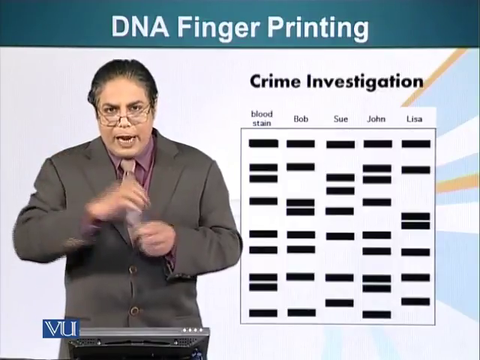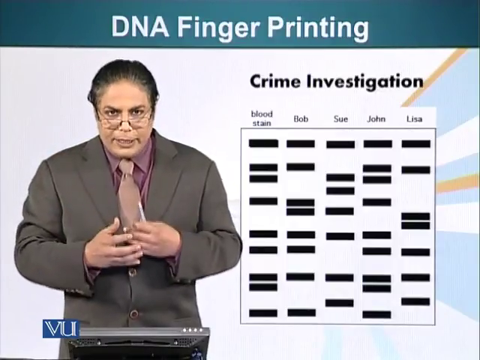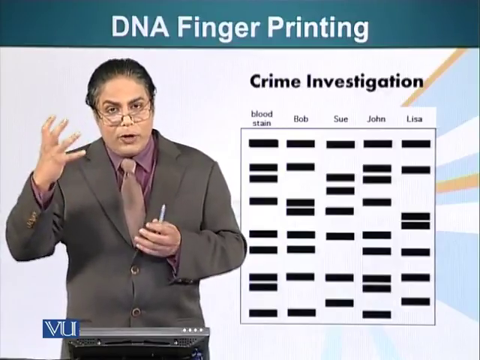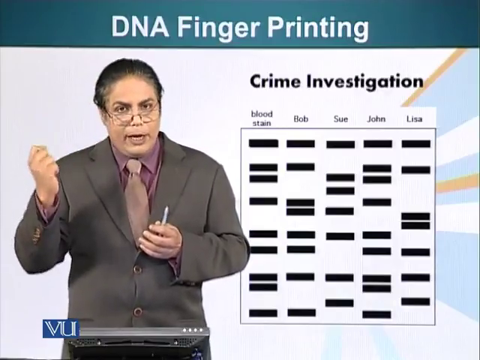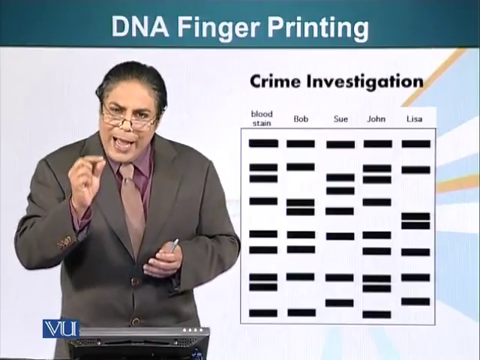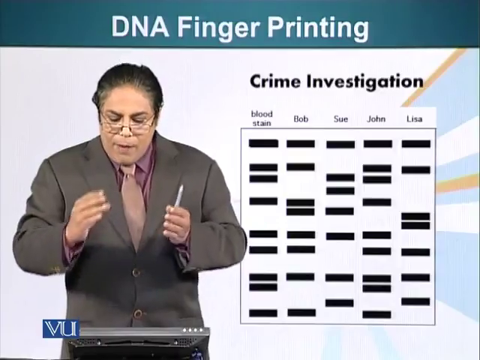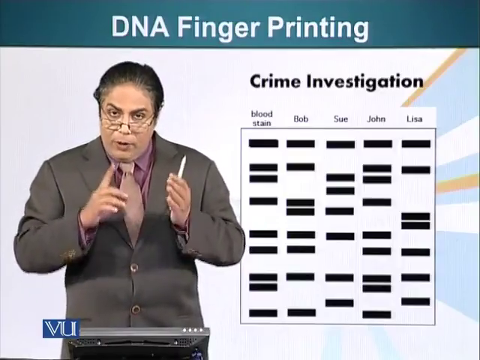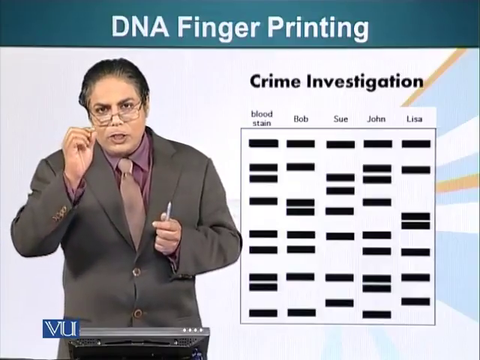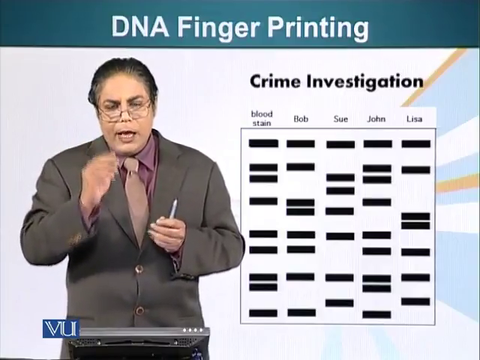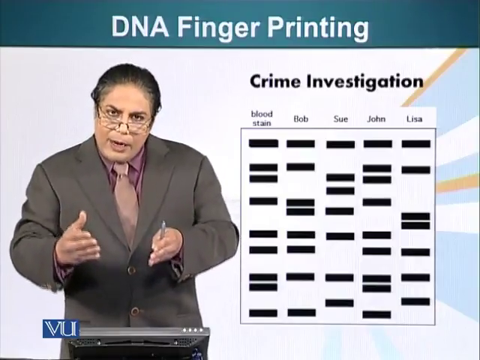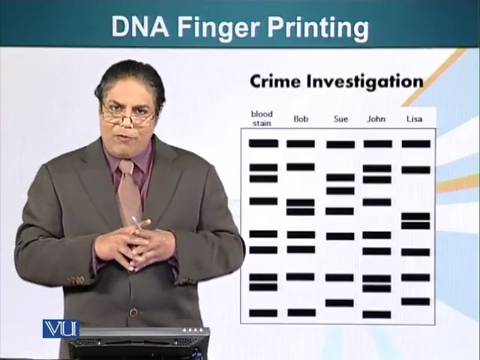If the victim scratched the aggressor, the skin under the nails of the victim. If there was a struggle, the victim may have pulled the hair of the aggressor. Any sample that may have DNA in it, we can take that sample. Now remember, we have the power of PCR technology. Even if it was just one cell, one nucleus, we can amplify it millions of times and generate VNTR fragments.